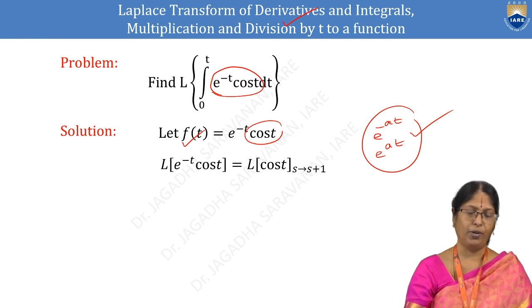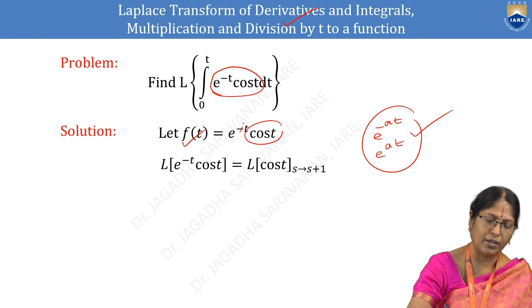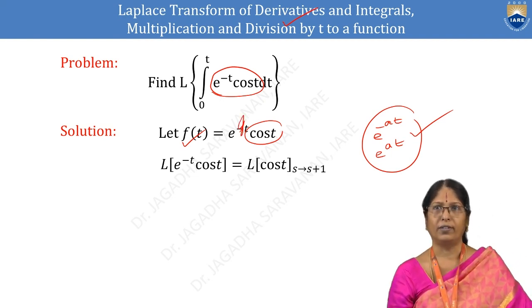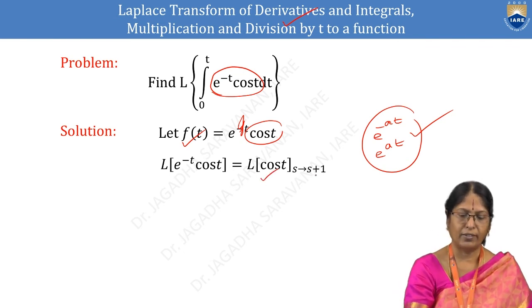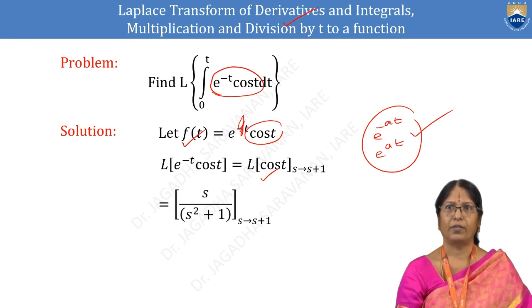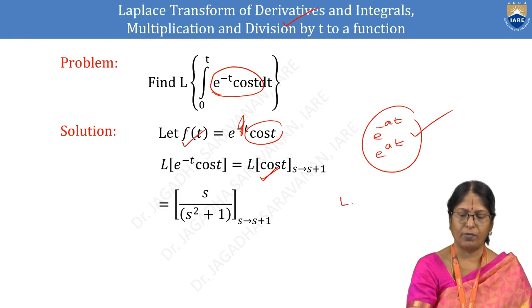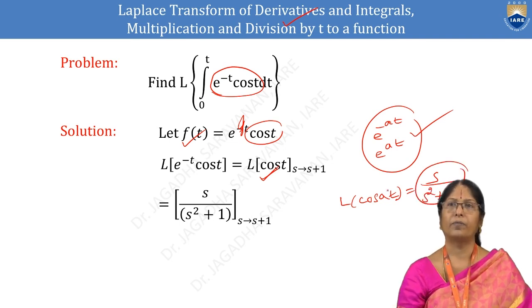In our given problem, e power minus t is there. That means here a is 1. So for L of cos t, s is replaced by s plus 1. Now for cos t, the formula available is L of cos at equals s by s square plus a square.